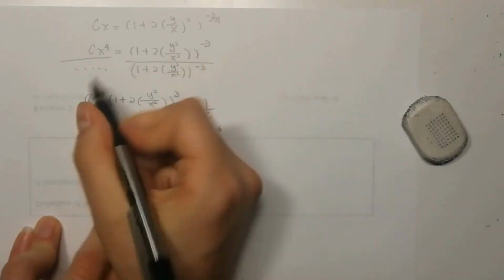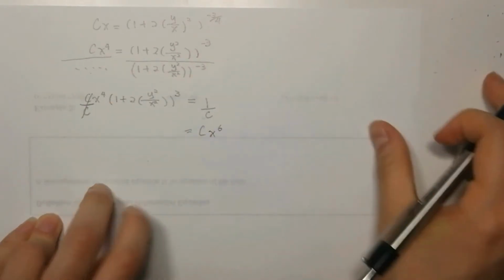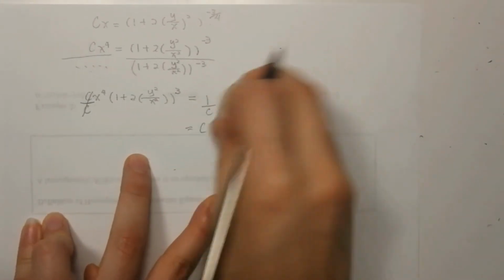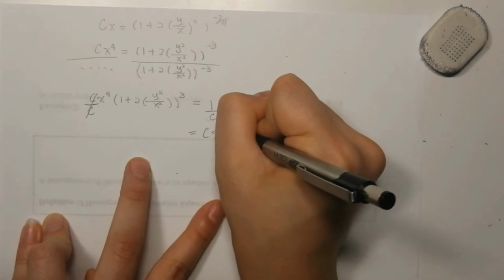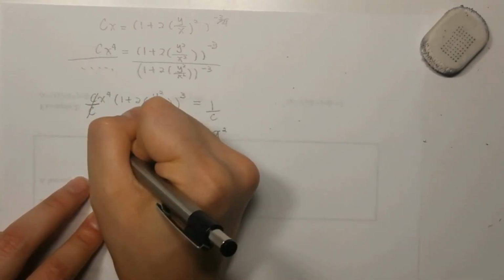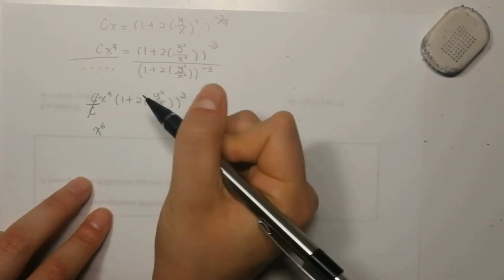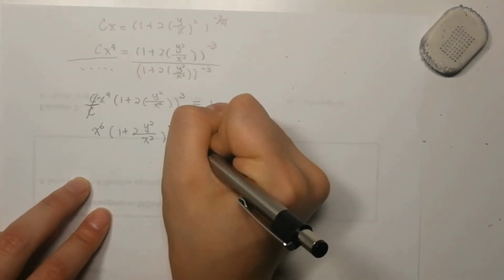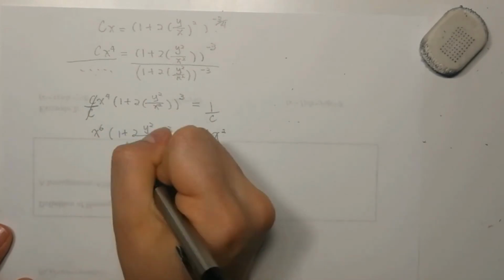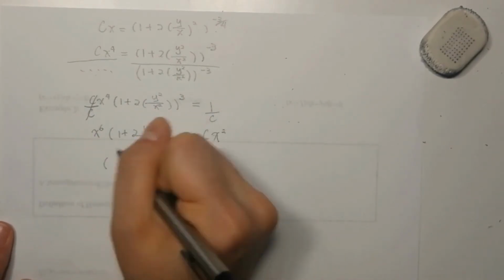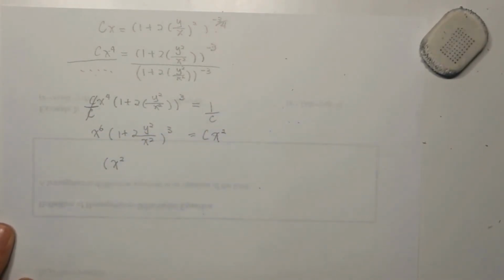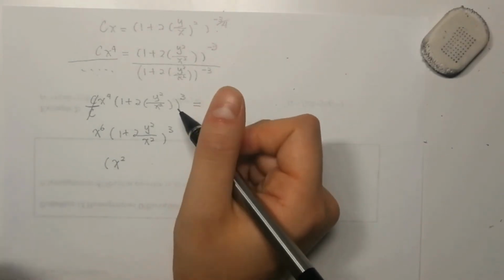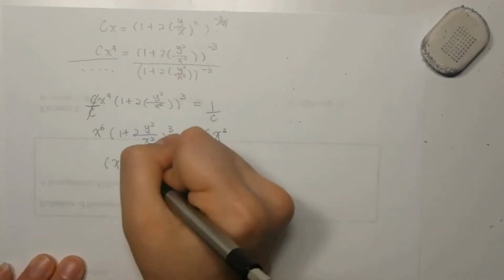Actually, no. Since we have the x to the power of 4 over here, we only have to multiply both sides by x to the power of 2, which over here gives us x to the power of 6. And then multiply that into that. X to the power of 6 divided by 3 is x to the power of 2.